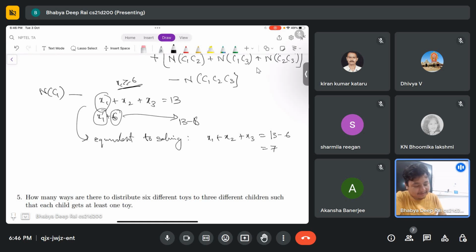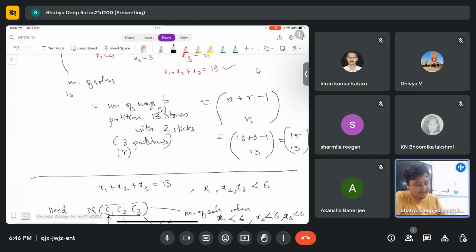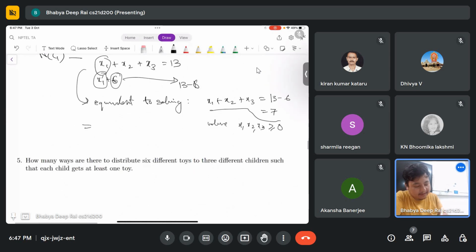Now, what is the answer to this, where x1, x2, x3 are greater than or equal to 0? Again, we'll use the sticks and stones formula. The n stones are separated by partitions, and r, the number of partitions, is 3. So n plus r minus 1, choose n.